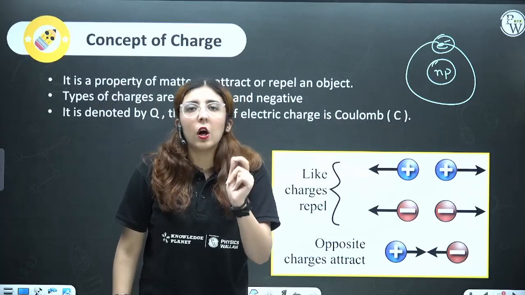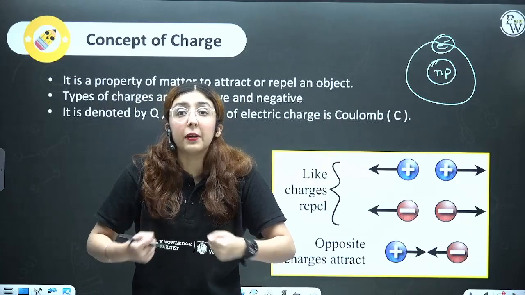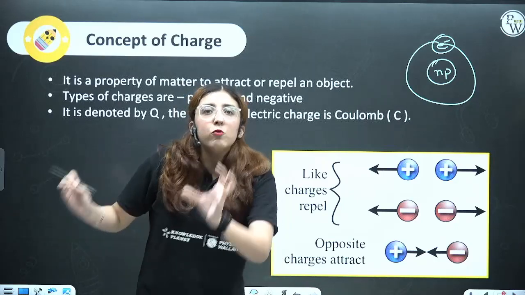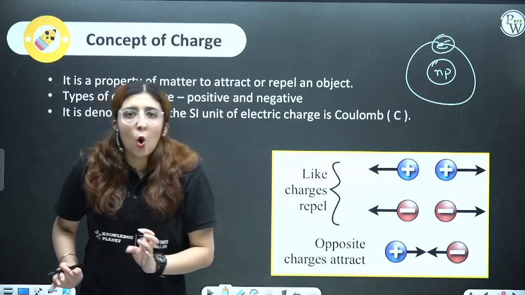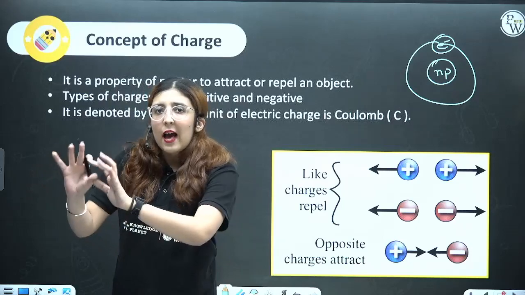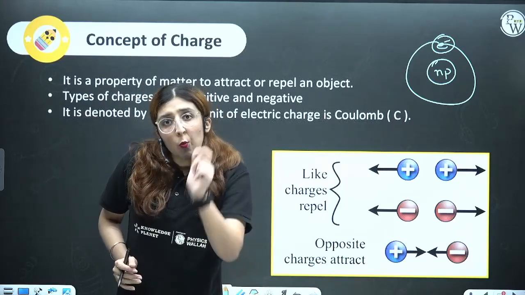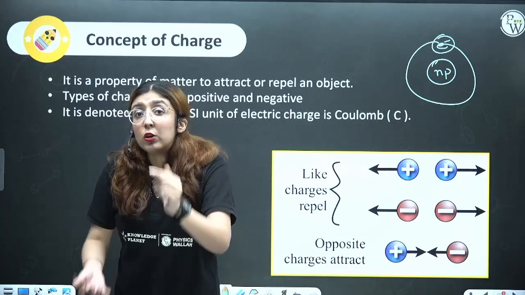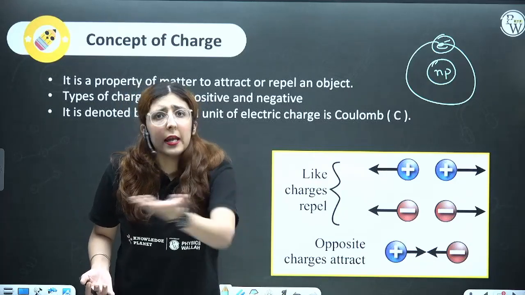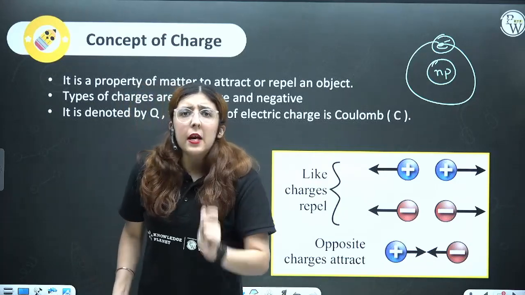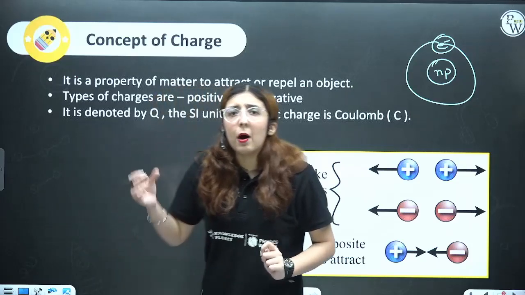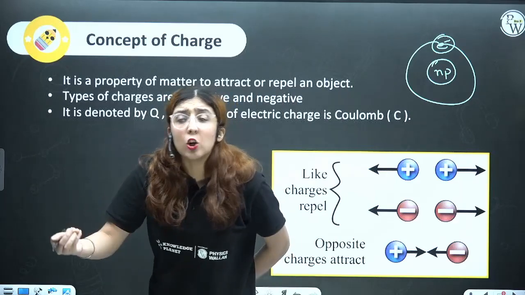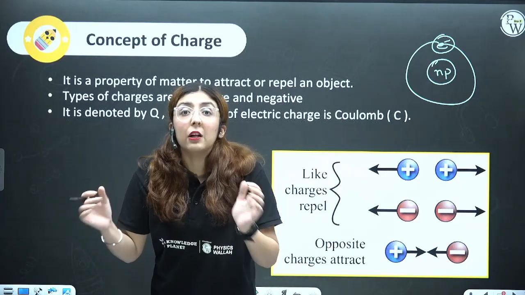When we talk about charge, charge is nothing but a property of matter. If I am talking about mass, I am saying a body has a certain amount of mass. Whenever I say mass, one property that depends on mass is inertia. In a similar manner, charge is a property that leads to attraction or repulsion.